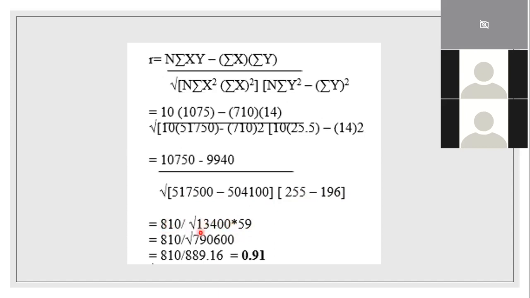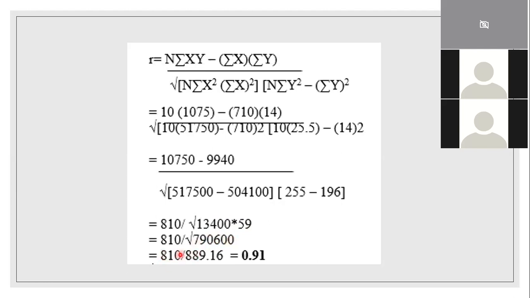You're going to have to multiply these two values at the bottom. It's going to be 810 divided by the square root of, when you multiply 13,400 by 59, it gives you 790,600. And you have to find the square root of that.